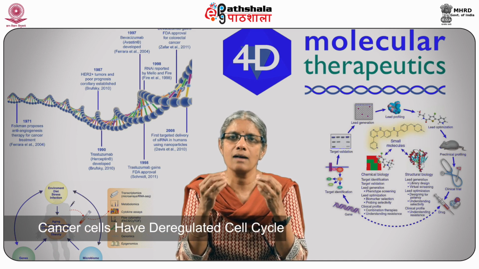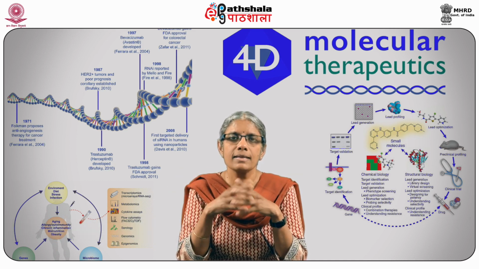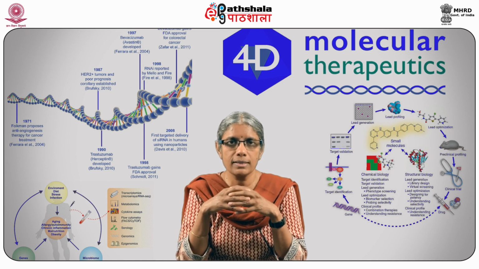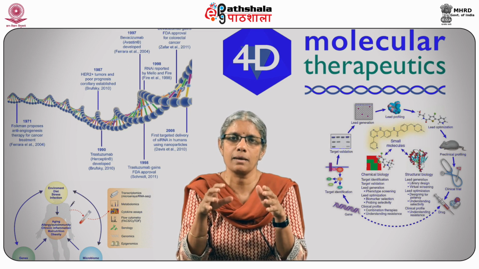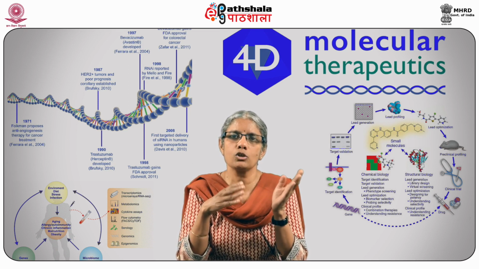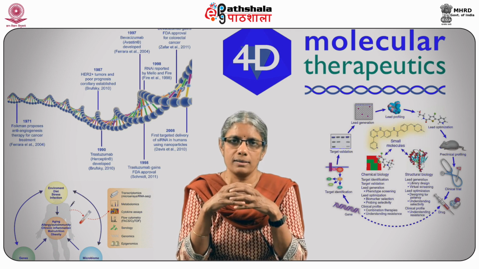Cancer cells have deregulated cell cycle. That is, they have lost the property of growth arrest. Not only that, they also escape cell death. For a normal cell to become cancerous, the first step is immortality.